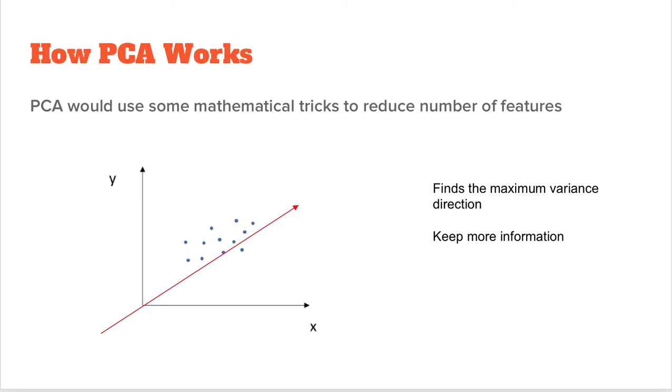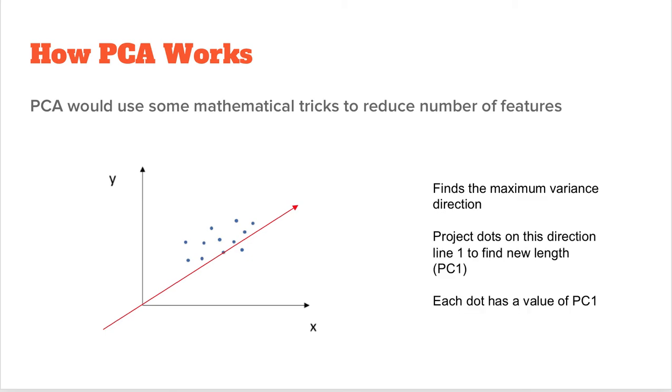After we find this new direction, we project all the data points onto it to get this length. The length is what we call PC1 for this specific data point. Each data point should have a value of PC1.